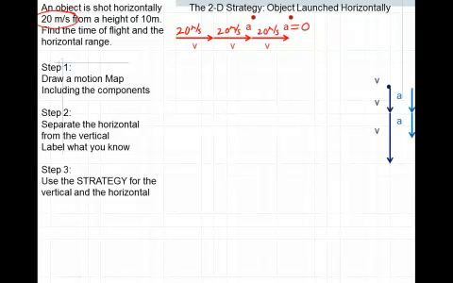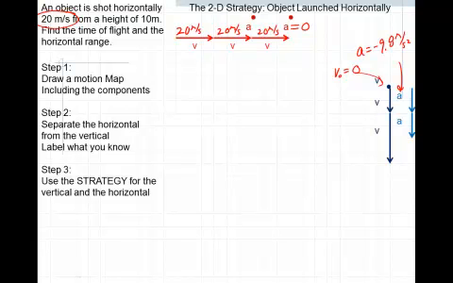In the vertical, the value of the acceleration is acceleration due to gravity, and that's always negative 9.8 meters per second squared. We also know that in the vertical, the initial velocity, v initial, will be equal to 0.